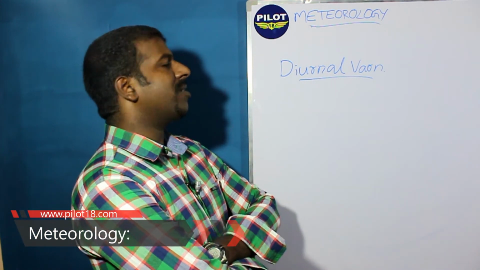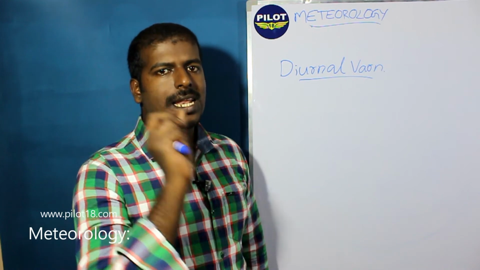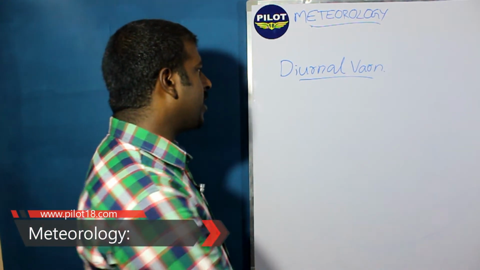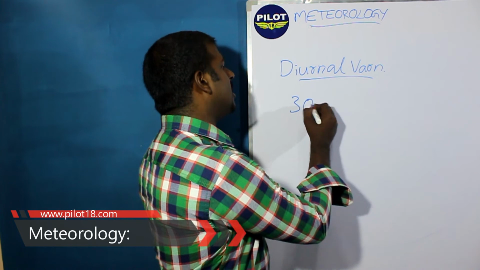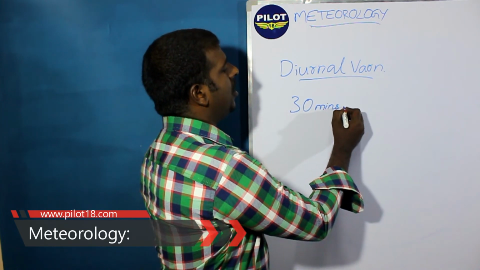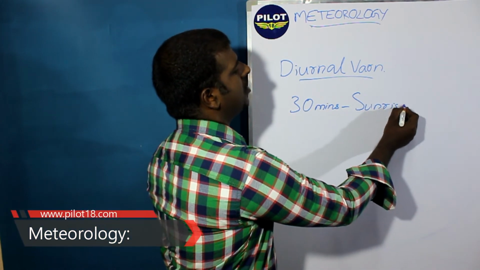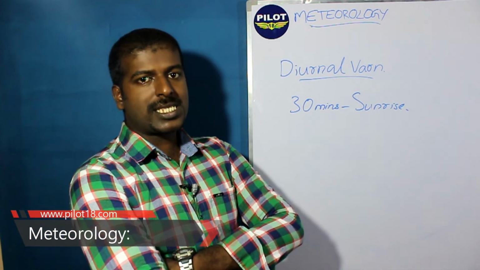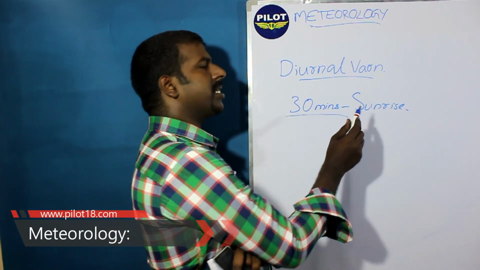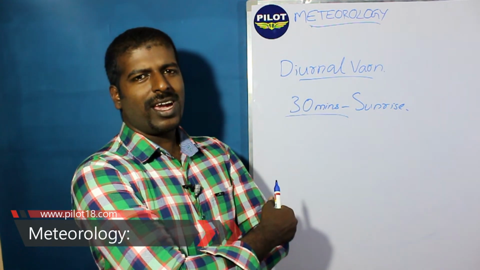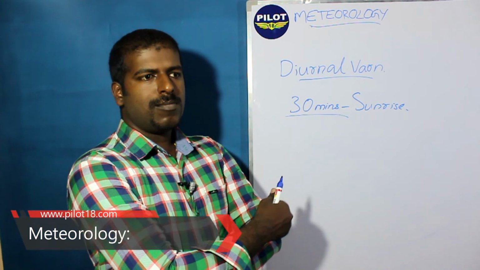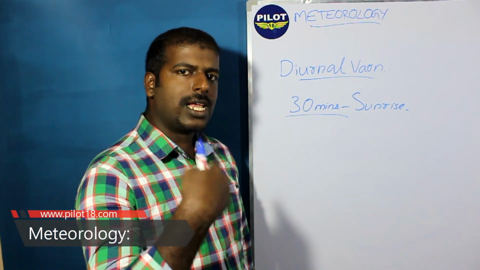Okay. So what about the diurnal variation of temperature? At what time of the day is the temperature the least? The minimum temperature occurs 30 minutes after sunrise. Why 30 minutes after sunrise? Because during night time, Earth is continuously radiating terrestrial radiation in the form of nocturnal radiation.